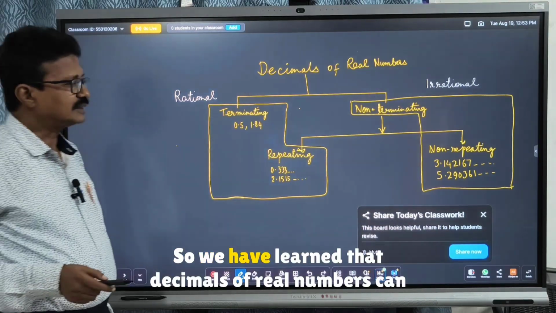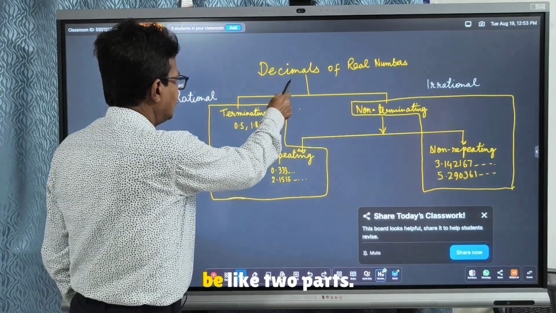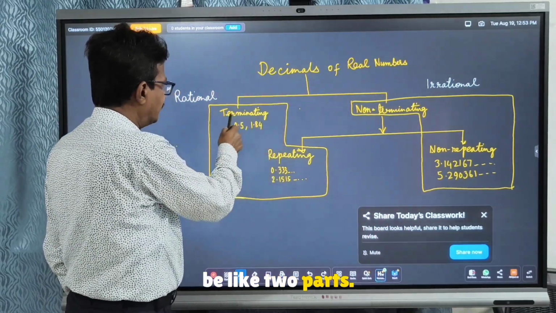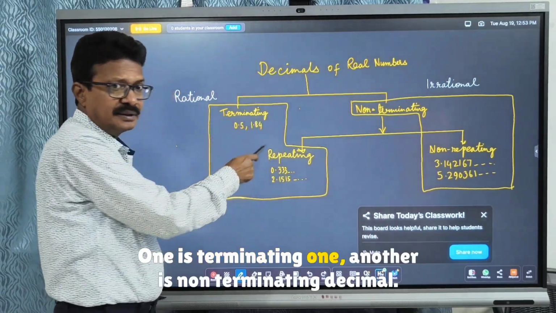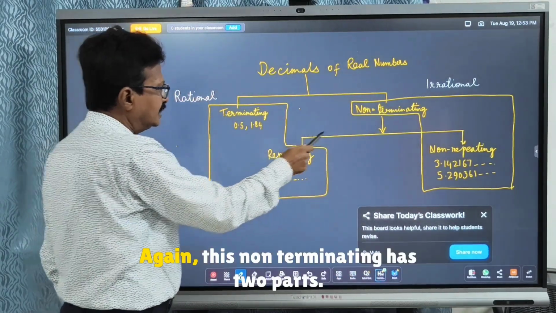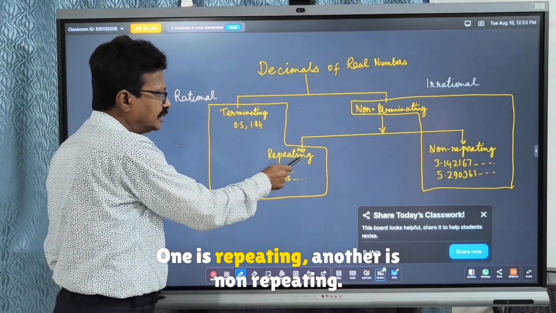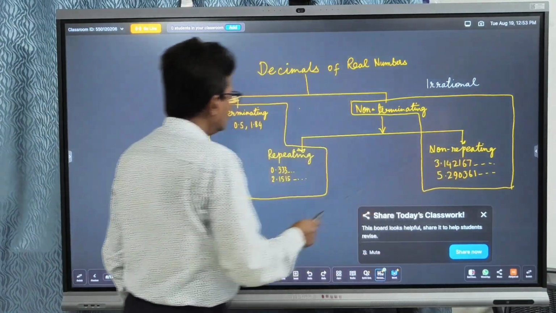So we have learned that decimals of real numbers can be of two parts. One is terminating, another is non-terminating decimal. Again, this non-terminating has two parts: one is repeating, another is non-repeating.